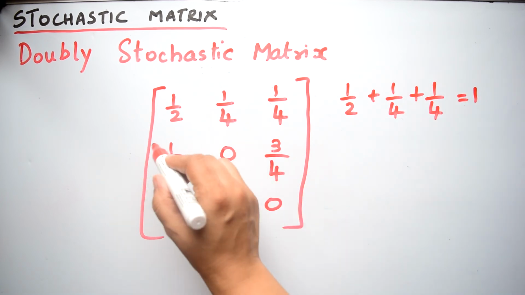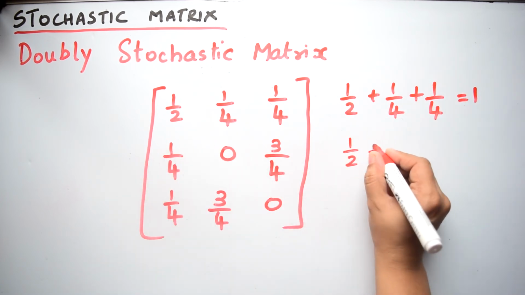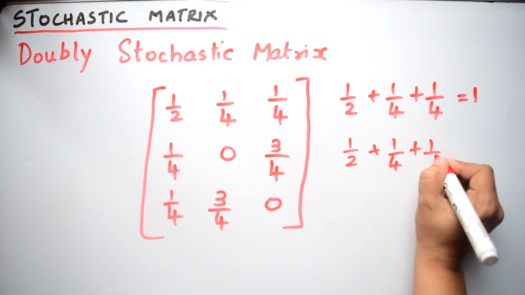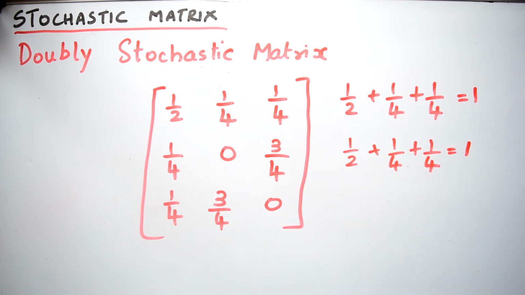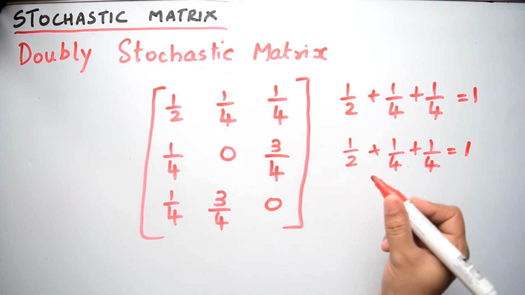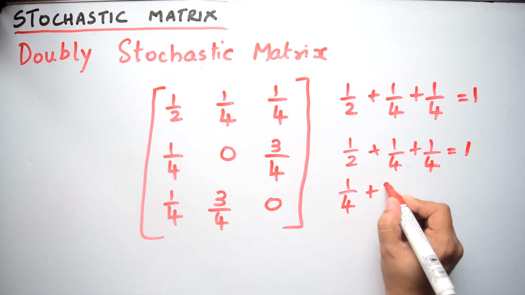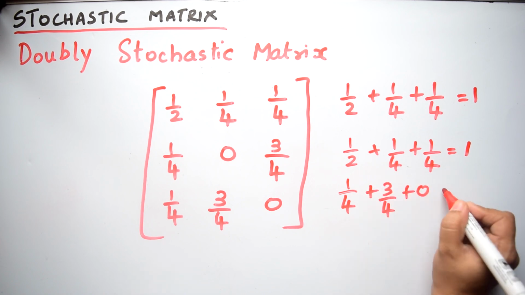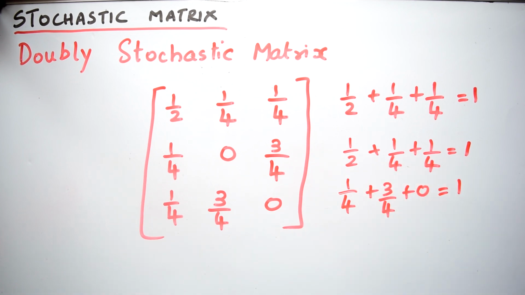In the first row, if you add 1/2 plus 1/4 plus 1/4, the sum is equal to 1. In the third column, if you add 1/4 plus 3/4 plus 0, you will get the sum equal to 1. So, if every row and every column sums to 1, such a matrix is called a doubly stochastic matrix. So, these are different types of stochastic matrices.